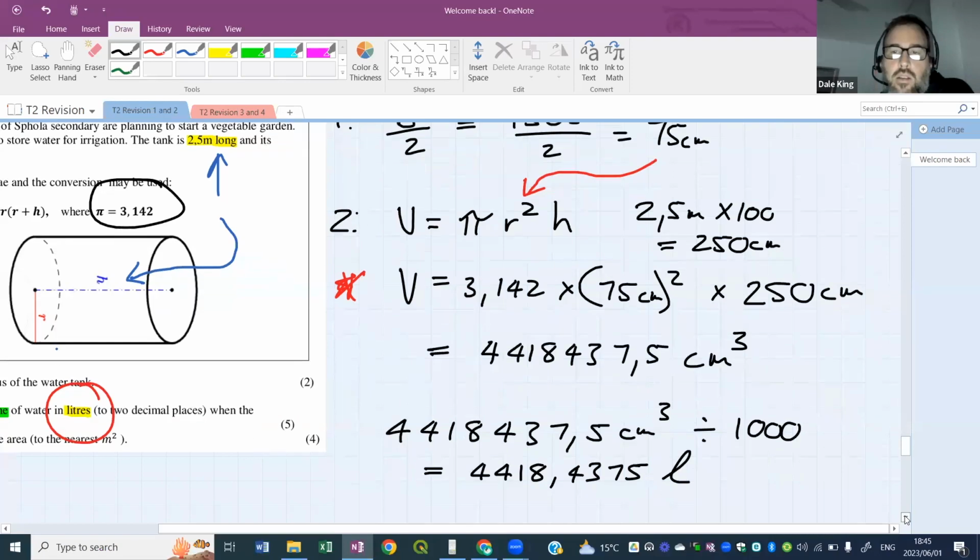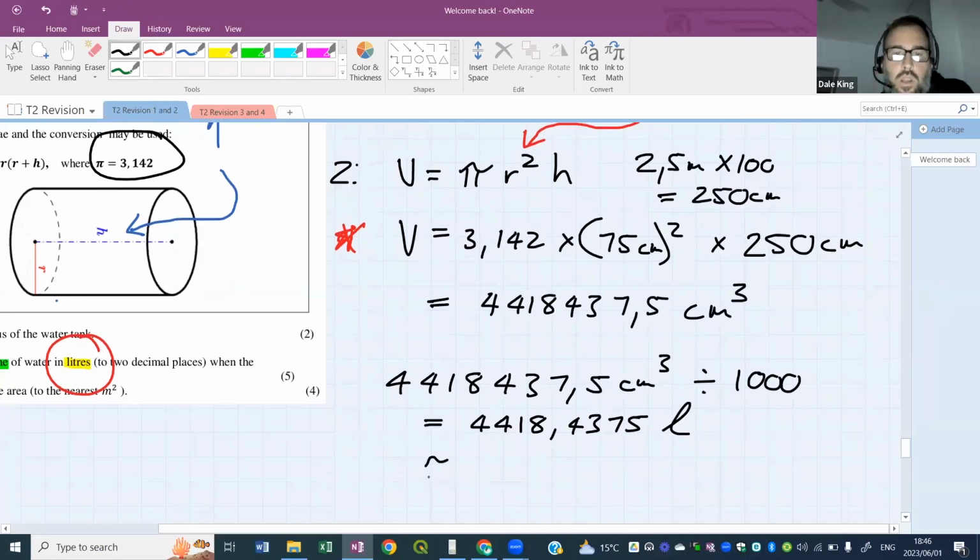We're in liters now because we've converted it with the conversion. And to round it off, we look at the second decimal. Will it change? What's the number behind it? It's a 7. It's above 5. Yes, it will change. So it's 4418.44 liters. All right, so that's how many liters this tank can hold.